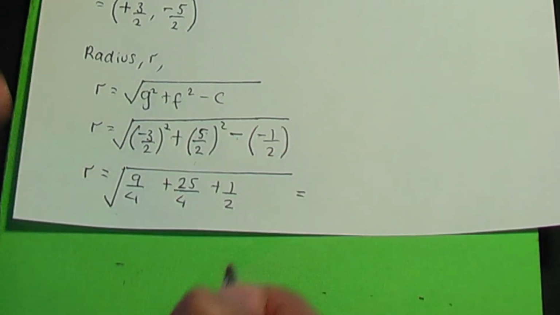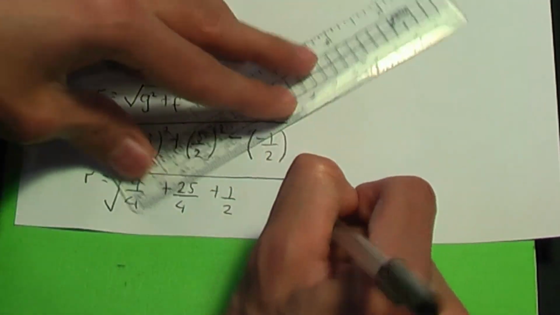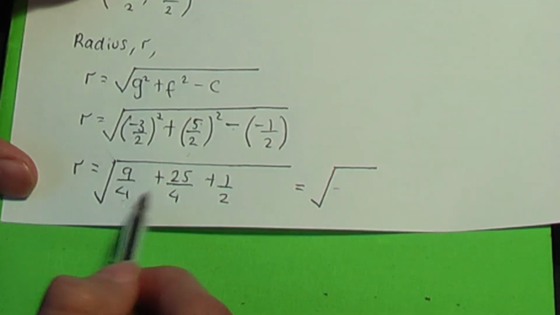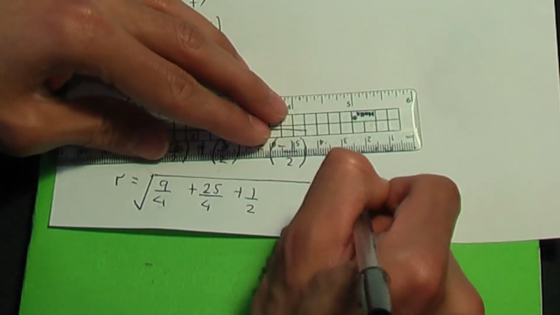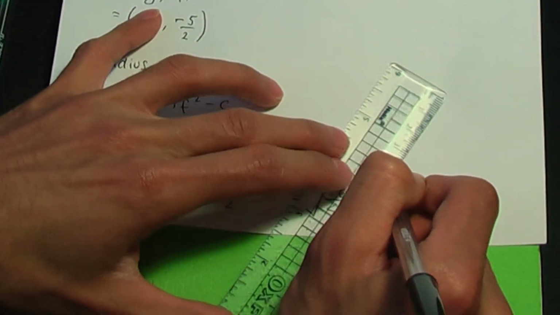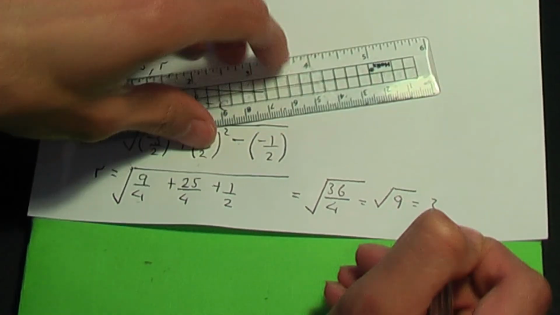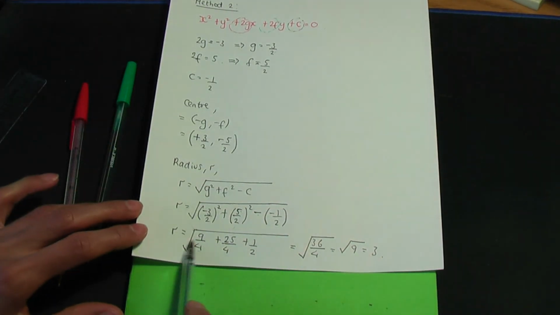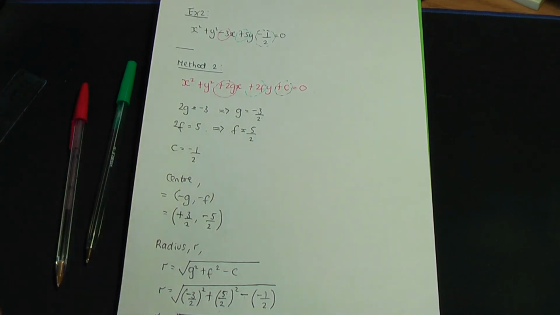So we have the square root of 9 over 4 plus 25 over 4 plus half, which is 36 over 4. 36 over 4 is the same as 9, so it's root 9, being 3. So 3 is the radius of our circle. That completes example number 2.